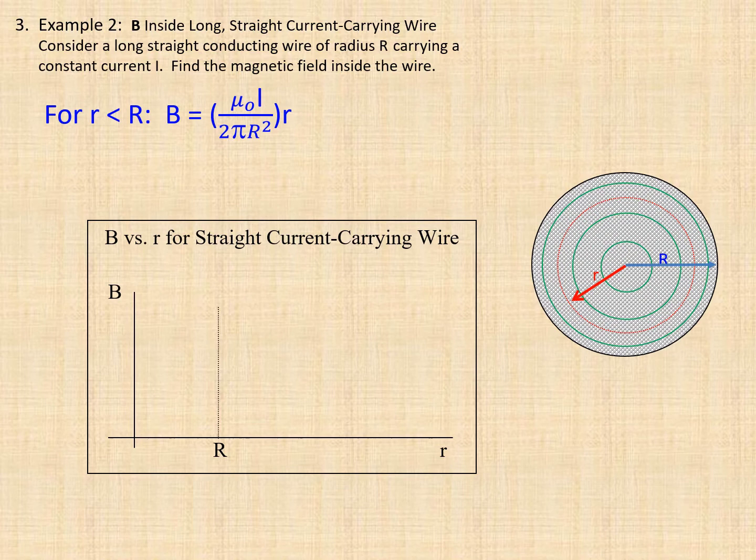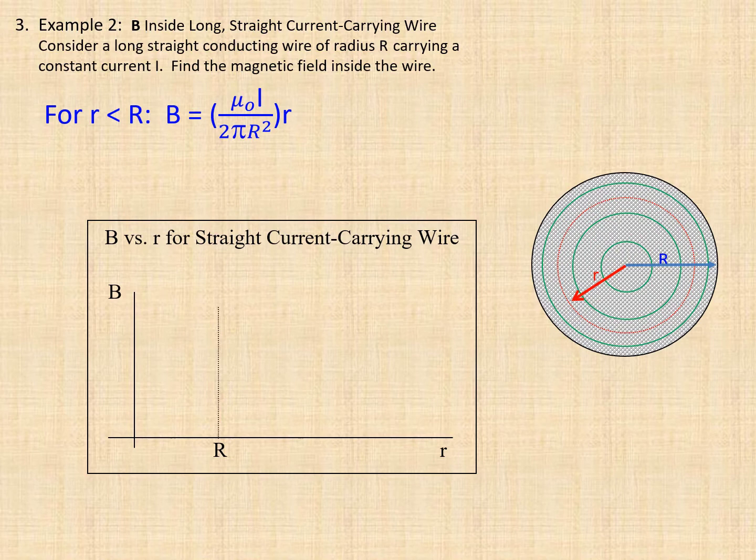Now when we look at the form of the field, we notice that the magnitude of the field increases linearly with distance. The magnitude of the field has a linear relationship with the distance that the field point is from the center when we're inside of the wire itself.